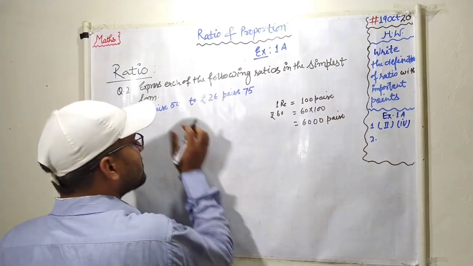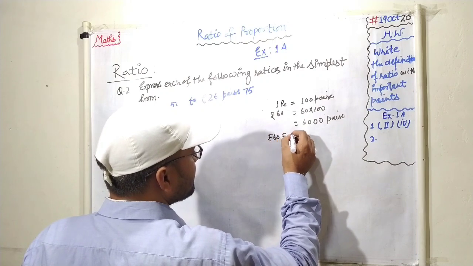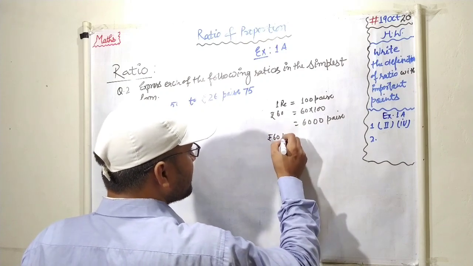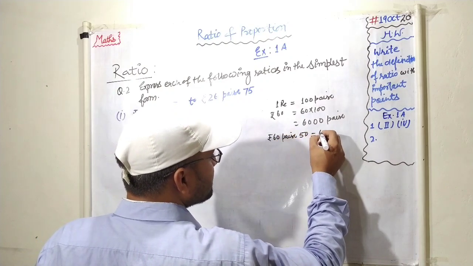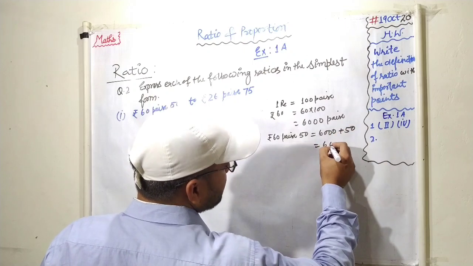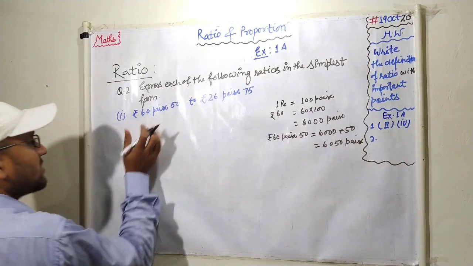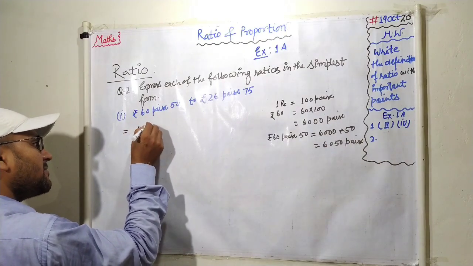And 6,000 plus 50, so rupees 60 and 50 paise is equal to 6,000 plus 50. You will get 6,050 paise. So in place of this one, I'm going to write 6050 paise.